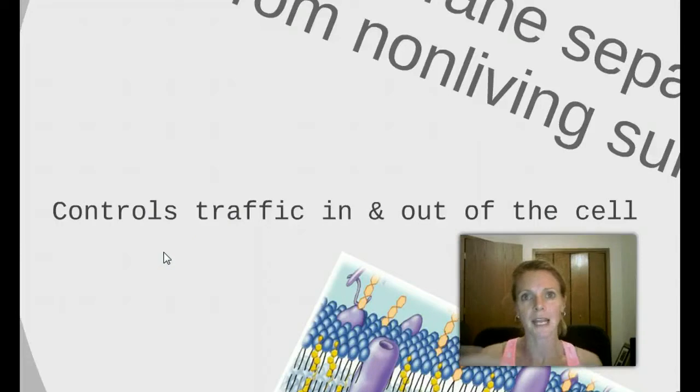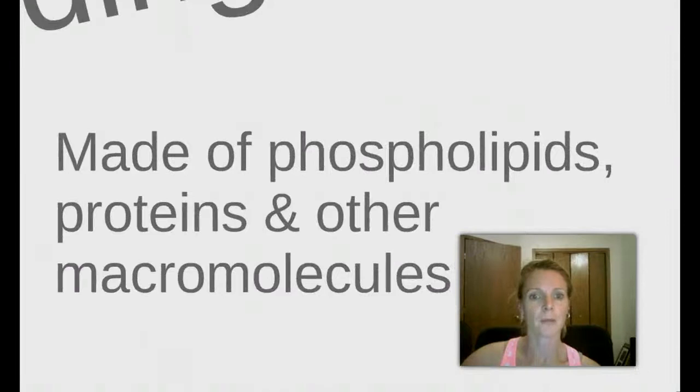So things need to get out, things need to get in, okay? And it's very important when we have something that can control that. We just don't want things having minds of their own, saying, hey, I think I'm going to go into this cell and I think I'm going to leave. So no, it's not that way. It's very regulated, okay?